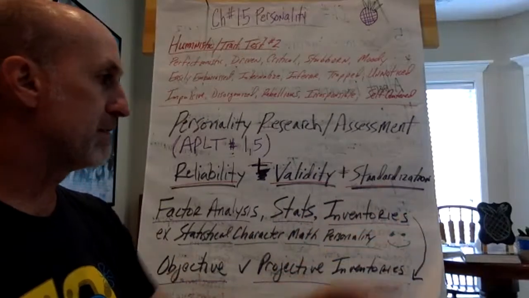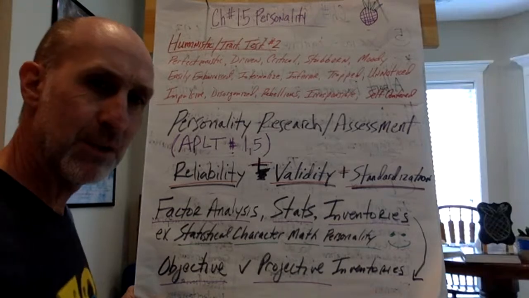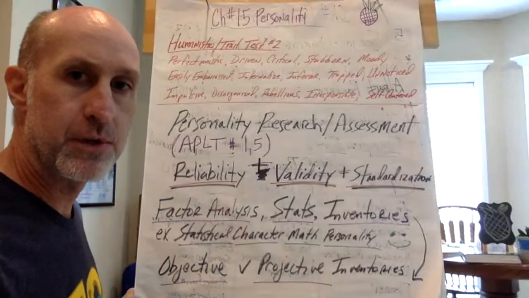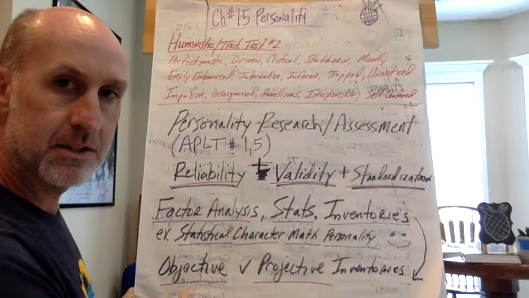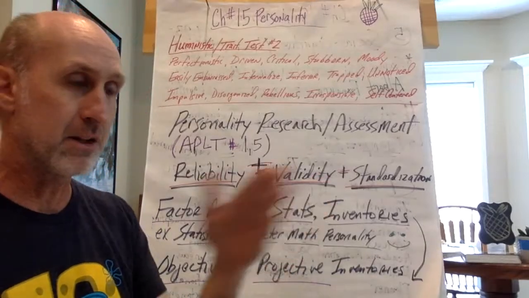And then obviously we have inventories. With inventories, we have two different types, which I left off your lab, which I have added now, but I'll tell you about each one so that you don't have to worry about it. Objective tests, inventories, are basically rating systems. They're the ones that are Likert scales.